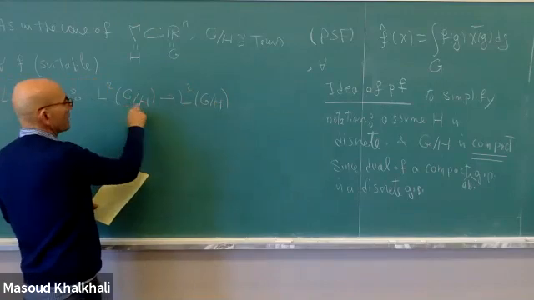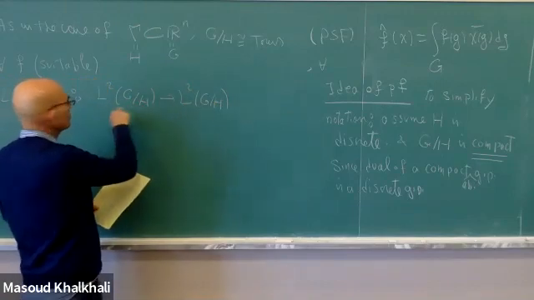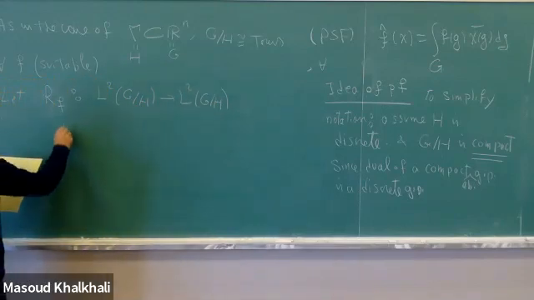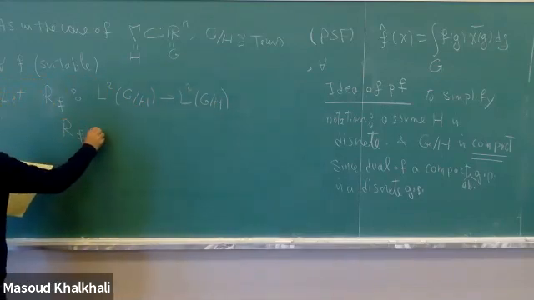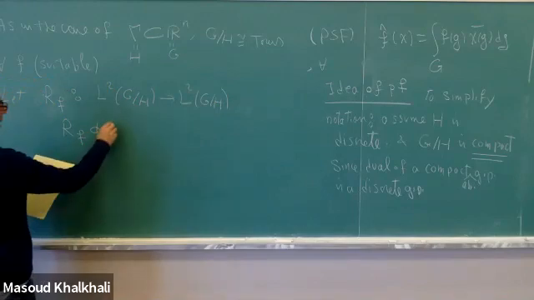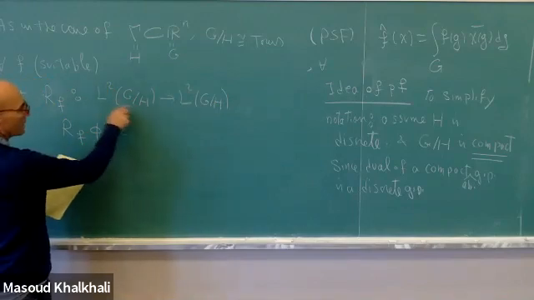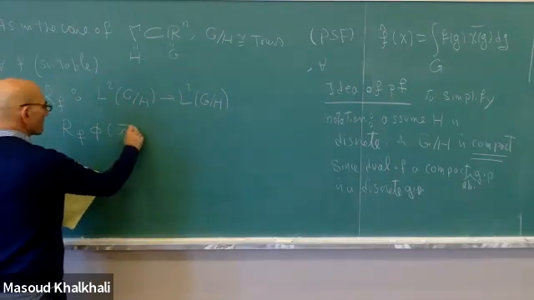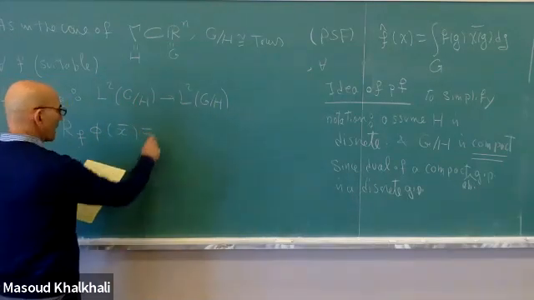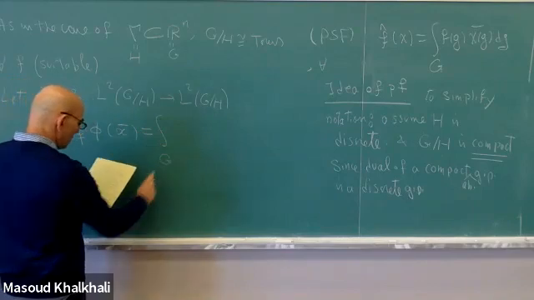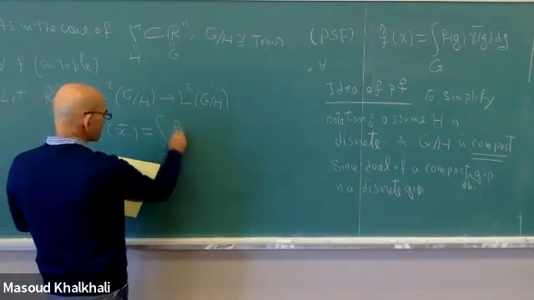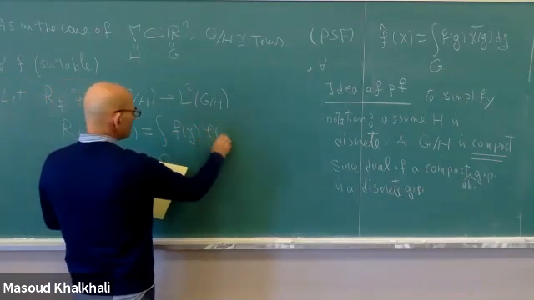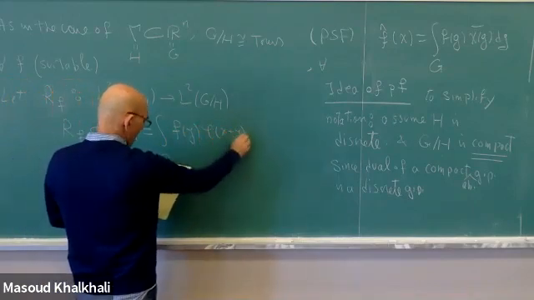This space has a Haar measure now, so you can take its L2. We define an operator from there to there by the following formula: R_f of phi at some class x bar is equal to the integral over the whole G of f(y) phi(x plus y) dy.